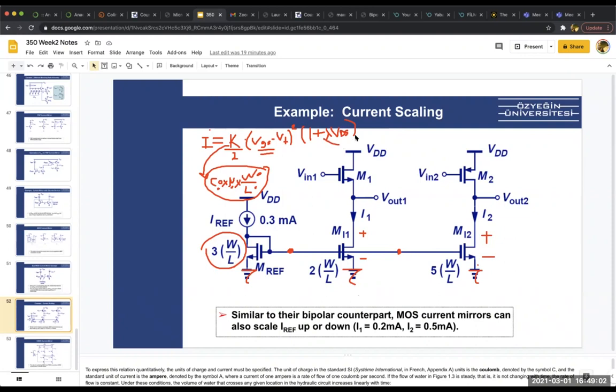And therefore, due to this term, the channel length modulation, your currents won't be exactly copied or scaled perfectly, because we are not having that, but we are having this rather, right? So the scale, due to the change in VDS, will be different. Well, it depends on alpha. Alpha shows how much this slope is changing, right? So this VDS is a non-ideality factor.